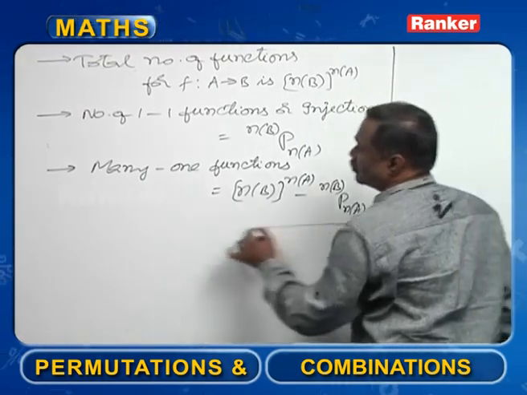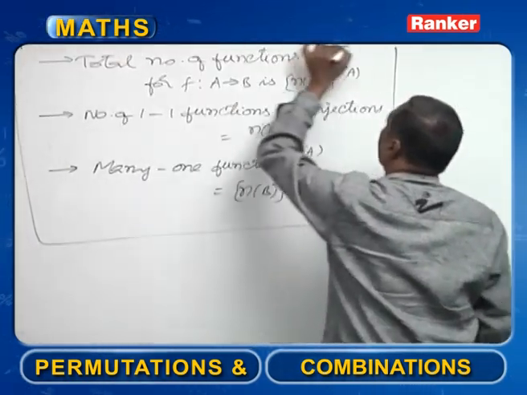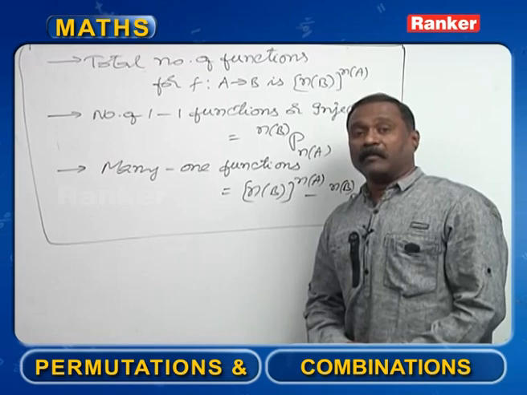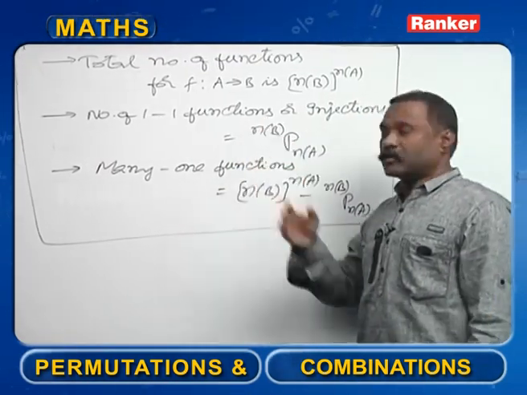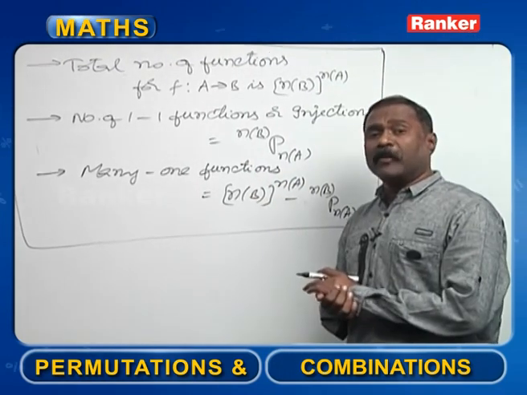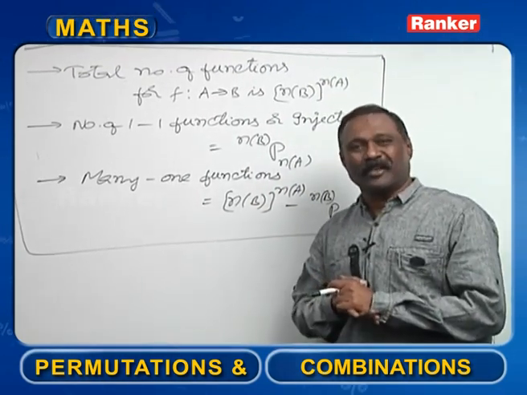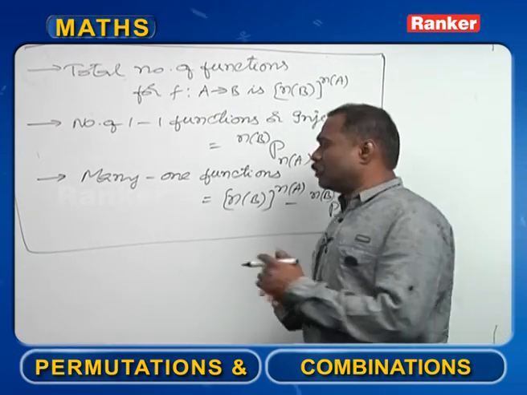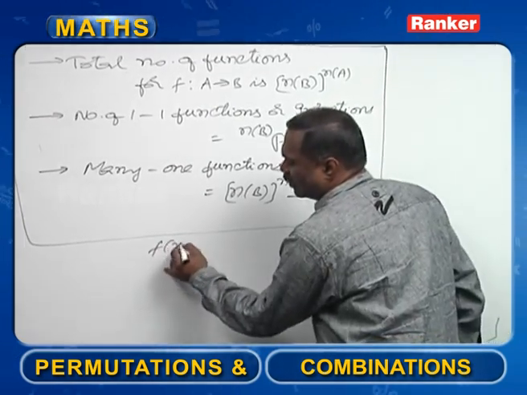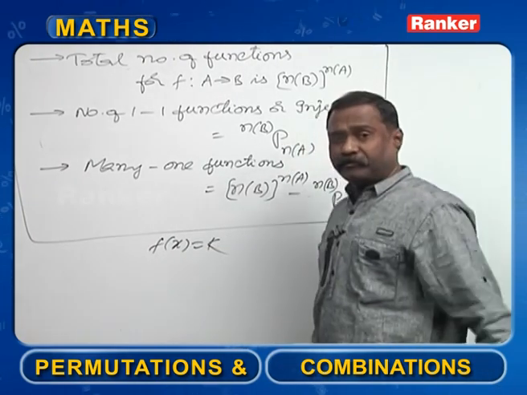You might have understood this, the application of the same permutation in functions. Not only this, you can derive the constant functions also. How many constant functions will there be? What is a constant function? A constant function is in the form of f(x) equal to k.